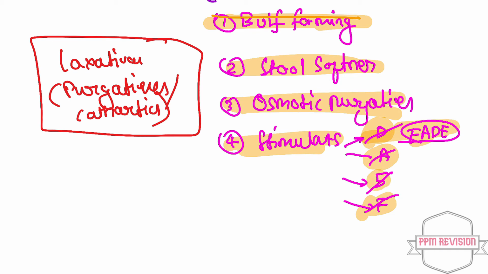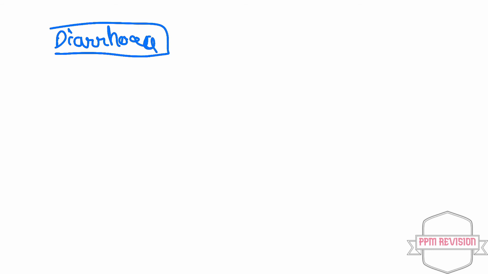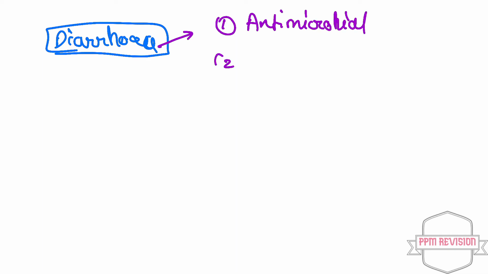Now we have the last category in case of GIT, that is the drugs used in case of diarrhea. Let us quickly learn that as well. These are the drugs used in diarrhea. There are 3 to 4 categories. First one, we can call it antimicrobial drugs. Second one, probiotics.